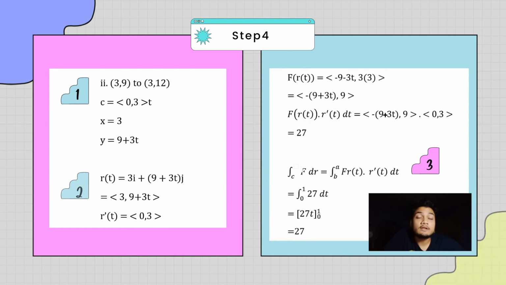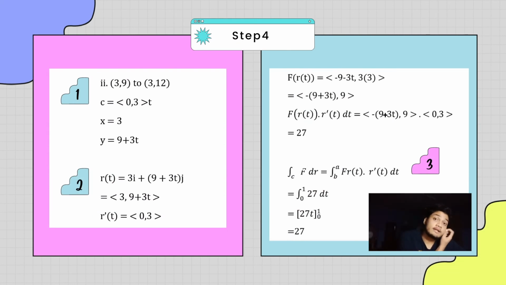Okay, so for the second question, we continue the calculation of finding the work done, and this time along the vertical segment from (3, 9) to (3, 12). As you can see, we use the same method as before. First, we need to find the parametric equations, where we get x equal to 3 and y equal to 9 plus 3t. And then we continue to the second step.